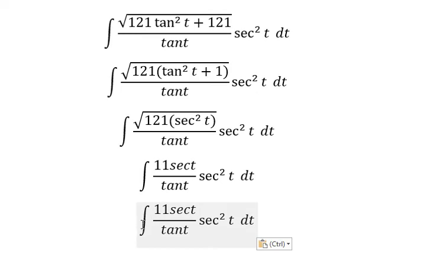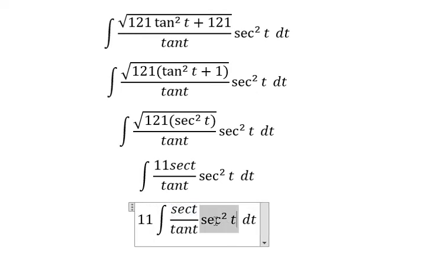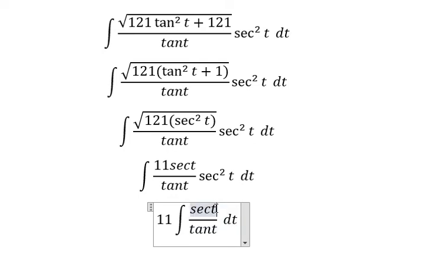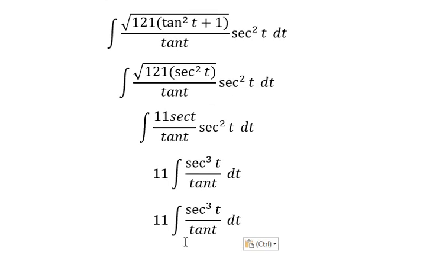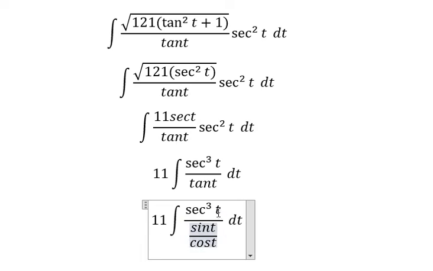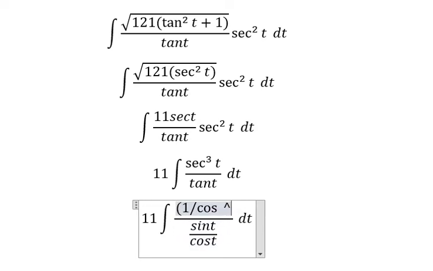Now I will put the number 11 in here. Secant squared t with secant t gives secant t to the power of 3. Now tan t we can change into sin t over cosine t, and similarly this one becomes 1 over cosine t to the power of 3.